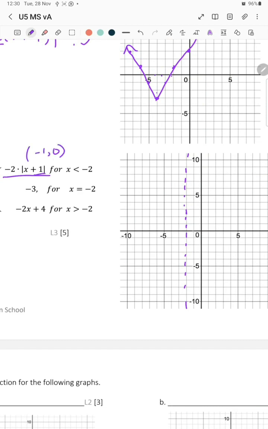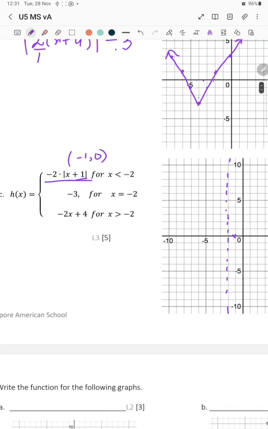So the graph should start from (-1, 0) here, but this is not included because the graph is for x less than -2. So we will take the values less than -2. If we take the value -2, we get the mod of -2 plus 1 which is -1, minus 2.